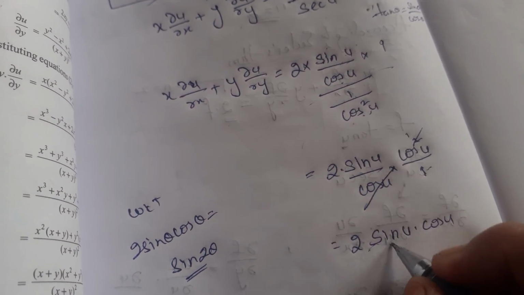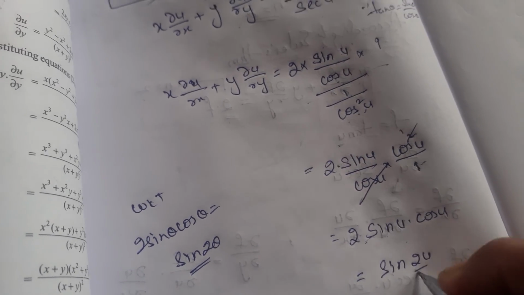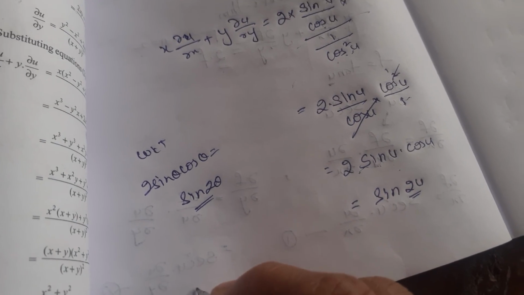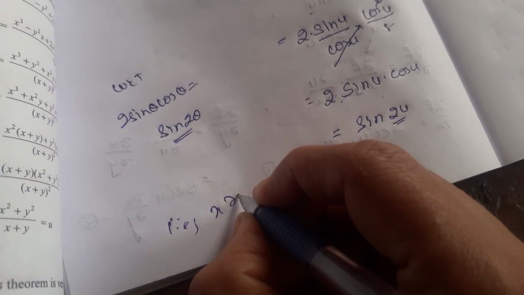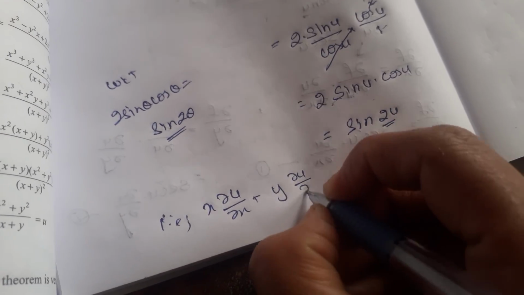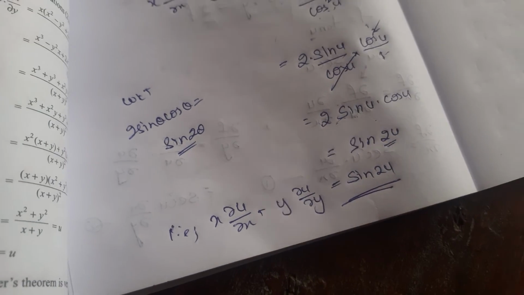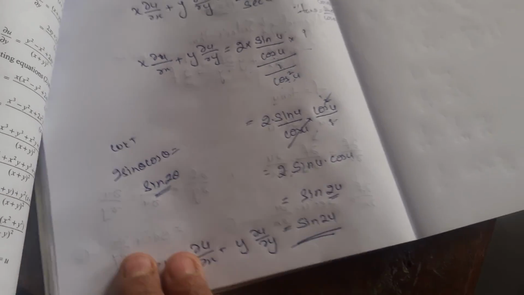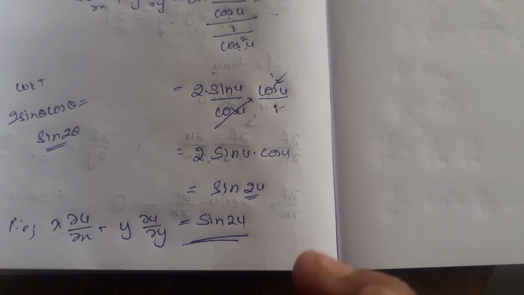So this 2 sin u cos u gives sin 2u, which is our required proof. That is, x ∂u/∂x plus y ∂u/∂y is equal to sin 2u. This is what we have got from Euler's theorem.